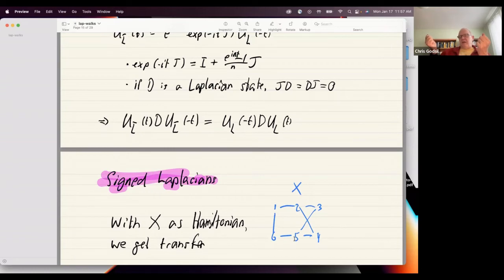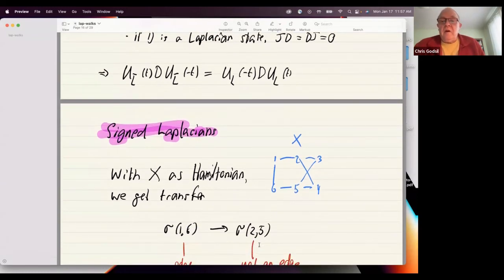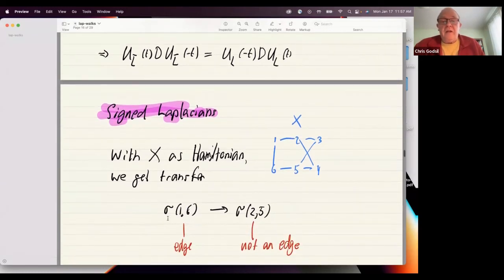It's a reasonable question, and you try to prove it. We didn't succeed in proving it. And then Tina came up with the following graph. On this graph, when you do the calculations, you actually get transfer from sigma 1,6, which is an edge state, to sigma 2,5, which is not an edge. So you have to widen your scope a bit. You can, if you choose to, say, I'm only going to consider transfer between edges, but you can get transfer from edges to non-edges.